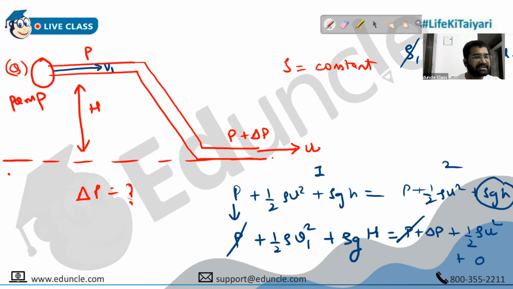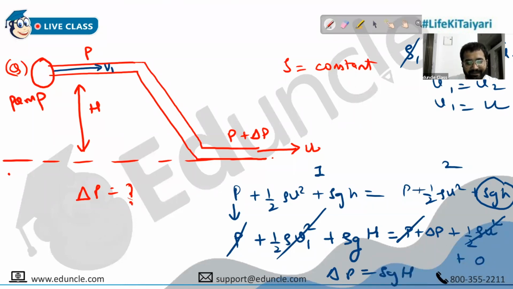People, it's the same pipe. Radius is constant. Area is constant. So velocity will be same. Okay, that was easy. That's it. So half rho V1 square and half rho U square will get cancelled because V1 and V2 are same. It means V1 is also equal to U. They both will get cancelled. That's it. Rho g H is delta p. Simple. Make a note. That's the answer.